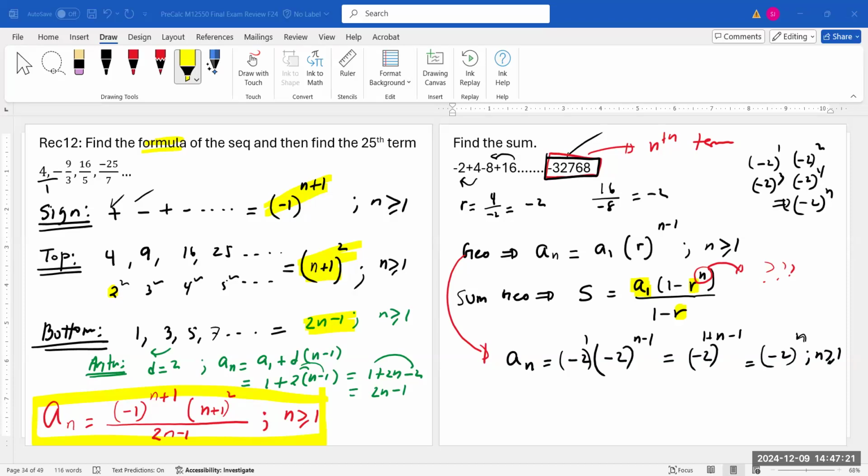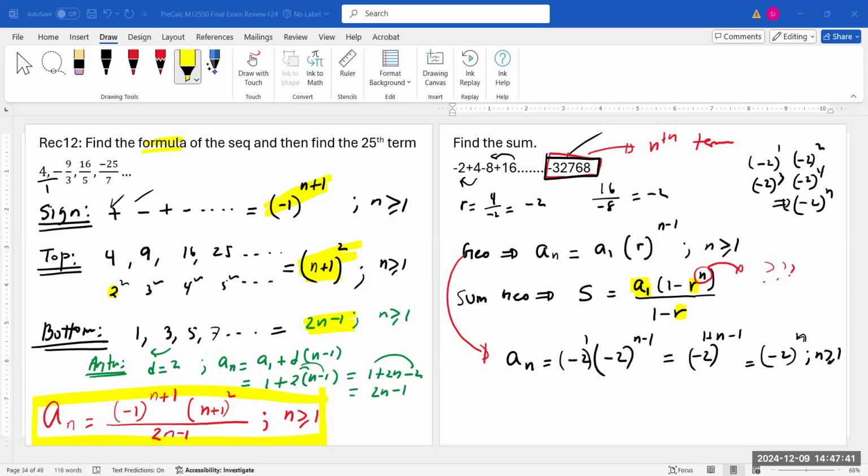Rewrite the sum as a single sum. Okay, let me write it down on the paper.